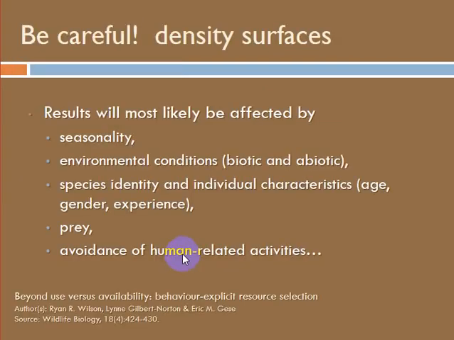And then one final note of caution. Remember to keep the uncertainty of your results in check. The density surfaces are a probability, and these probabilities are influenced by a lot of things, like the characteristics of the animals, external forces, seasonality. So remain ever vigilant, cautious, and suspicious of your results within reason.